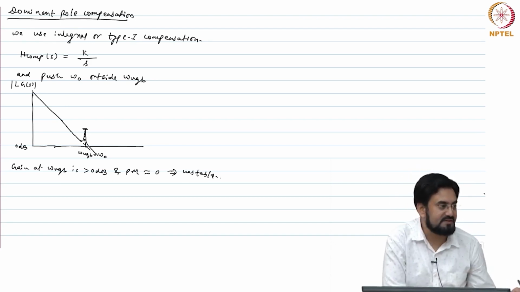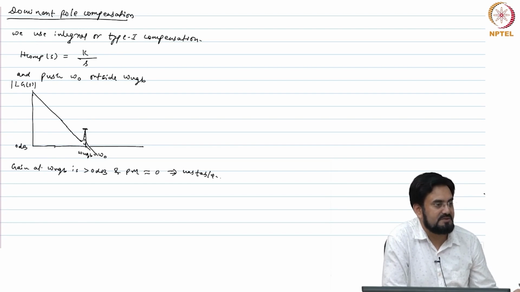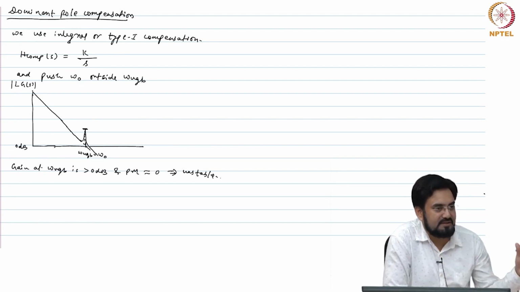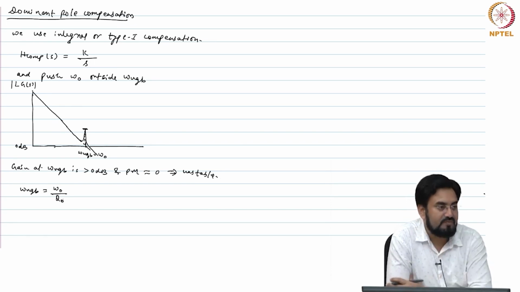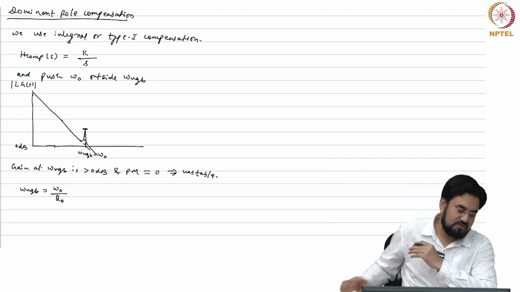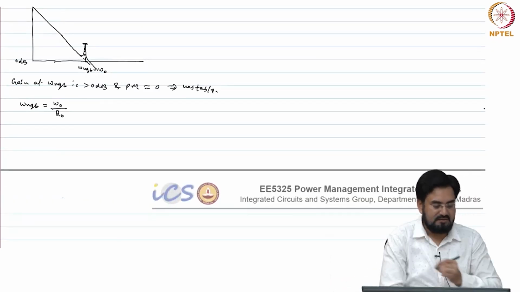So how do we fix this? Which means omega UGB should be even less. Now, let us make omega UGB equal to omega naught over Q naught. So how will it look?